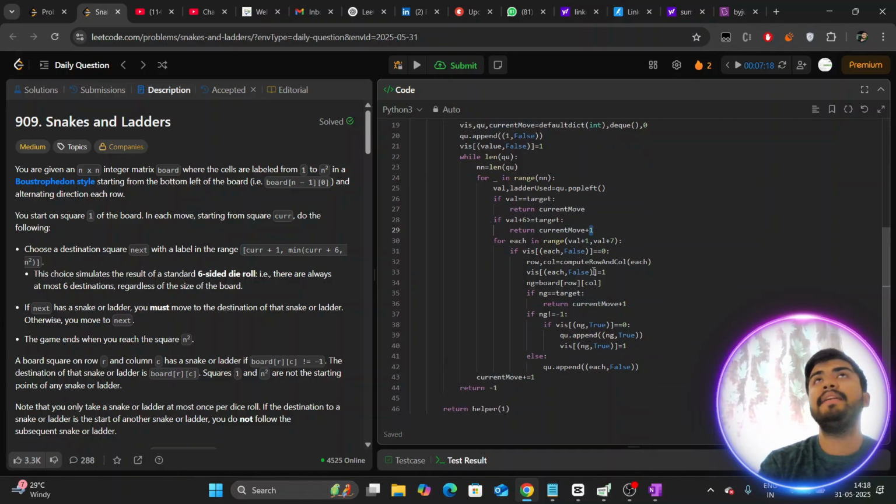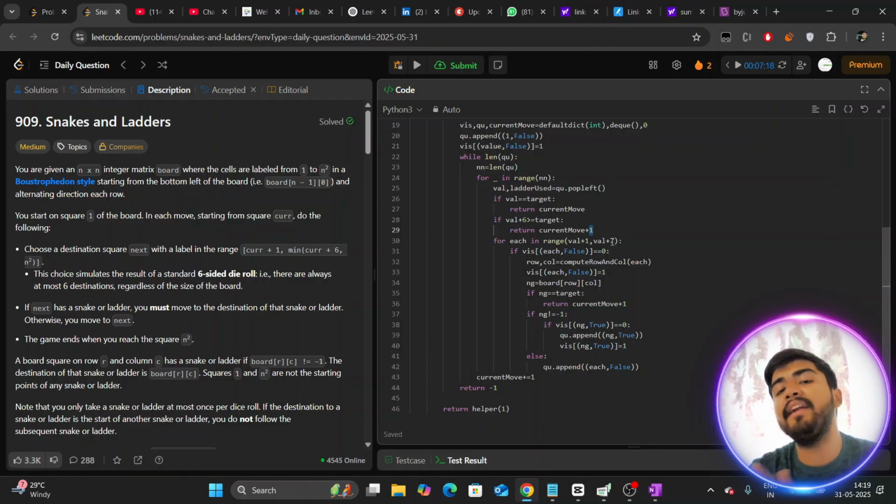Else, that means even with plus 6 rolls I am not able to reach the end. So I have to think, I am somewhere inside, just at the start of the game, or maybe at some intermediate position. So let's compute it. I will run a for loop for each in range val plus 1 to val plus 7. I wrote plus 7 because in Python the extreme right boundary is exclusive, so it is iterating from val plus 1 to val plus 6.